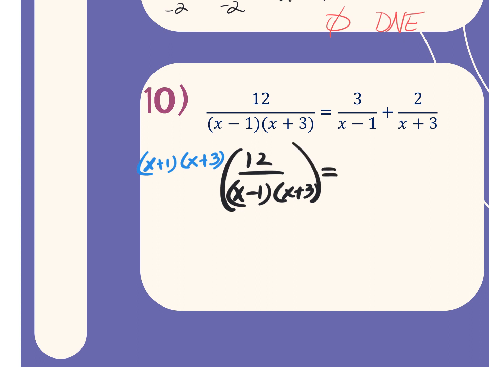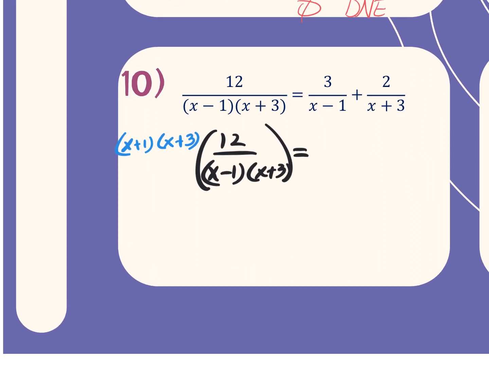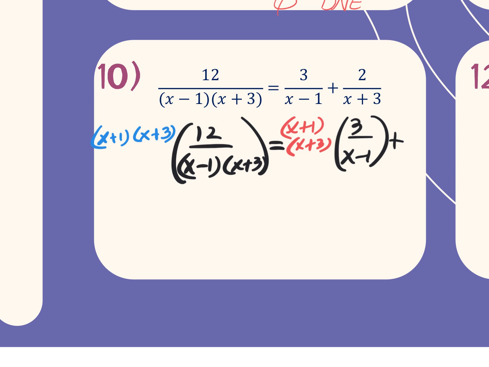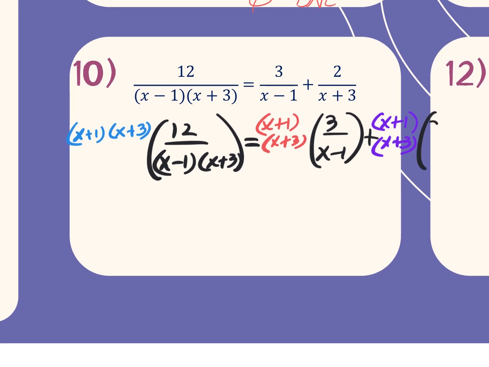Then equals, I need to write it next to the next one, x plus 1, x plus 3, next to the 3 over x minus 1. And then do the same thing here, x plus 1, x plus 3, and then put it next to the 2 over x plus 3.